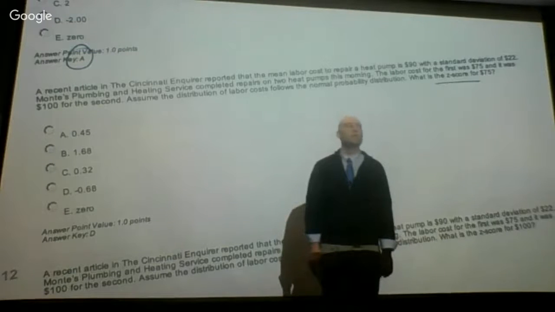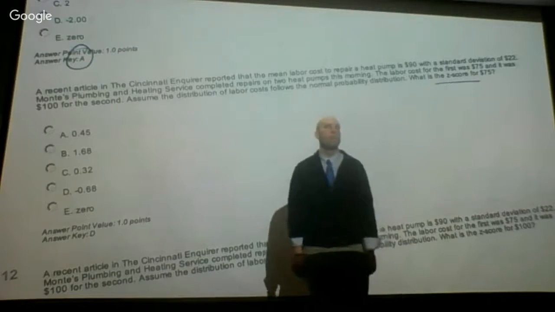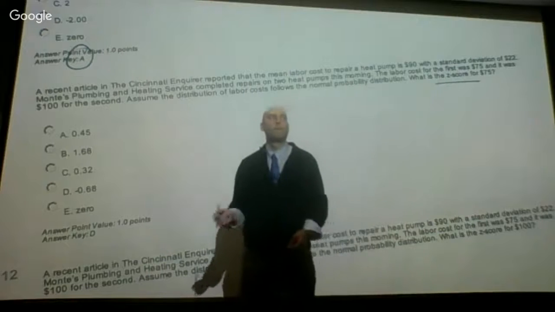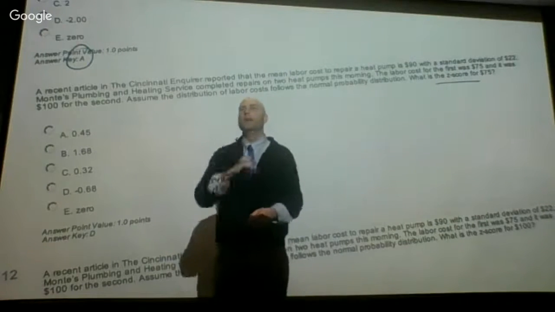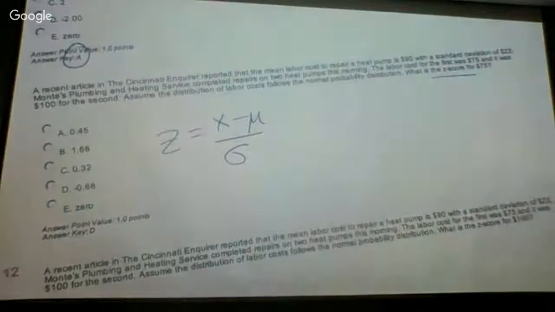How do you calculate a Z-score? Katie? X bar minus mu over sigma. Rushing the gun a little bit. It's not X bar yet. It will be eventually, but currently it is not.